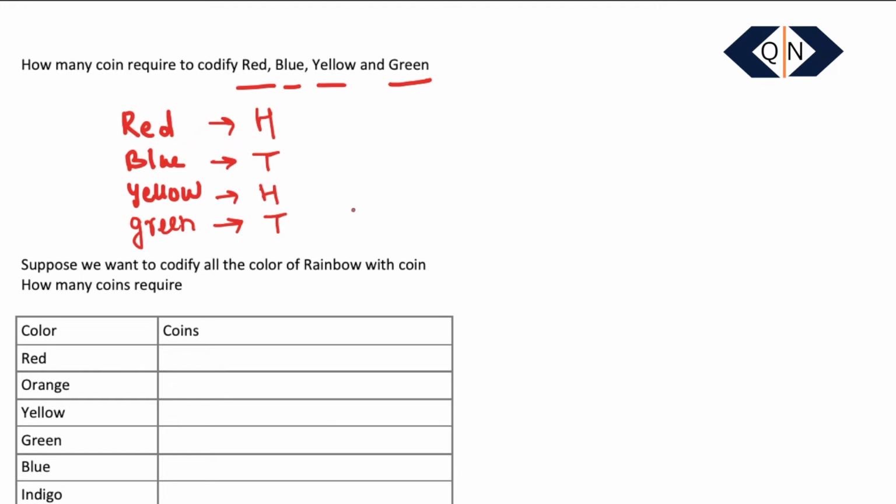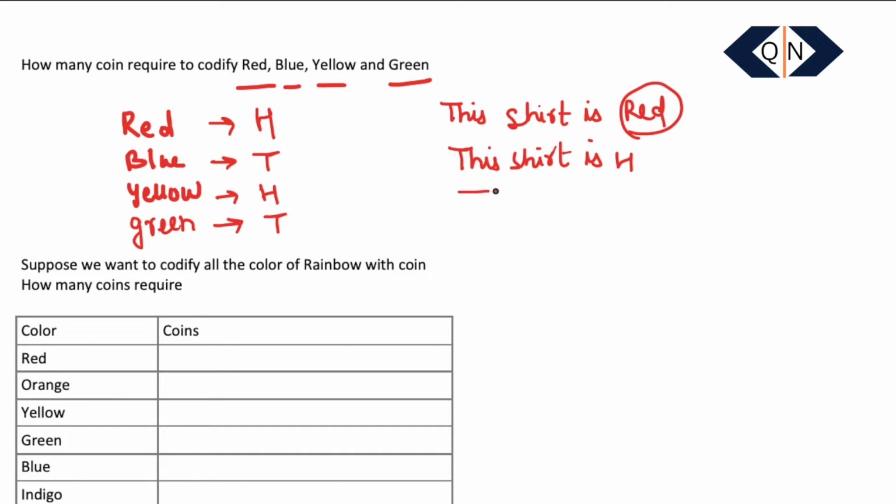Now what will happen if I say this shirt is red? In place of red, I write this shirt is head, means H.